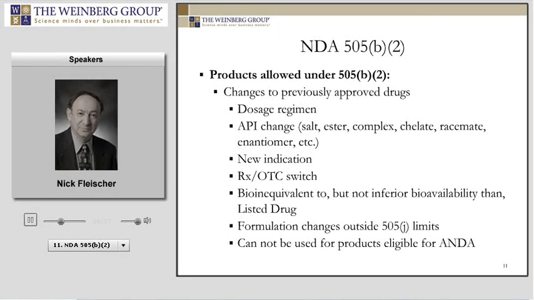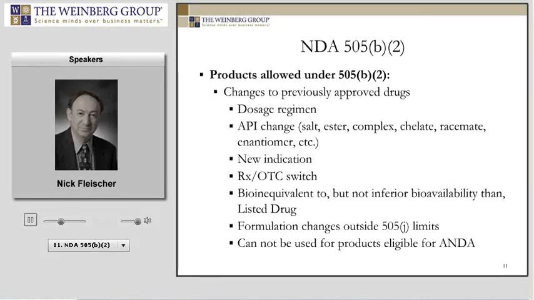is that it cannot be used for a product that is fully eligible for an ANDA. Now, certainly there are nuances. As I said earlier, a product that would be an ANDA that is identical or very comparable to a reference-listed drug, but let's say just uses a different excipient or an excipient that's outside the range.